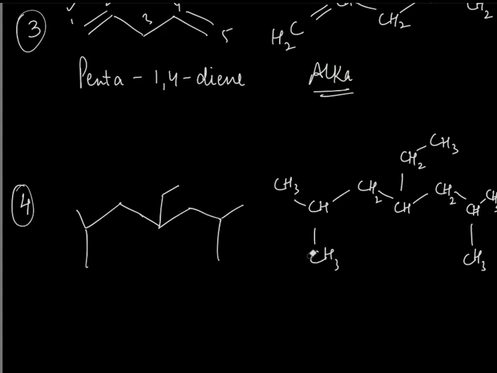So if I start from here, 1, 2, 3, 4. Now you can go up 5 and 6, but that's wrong because it will be a shorter chain. 5, 6, 7. So we have the long chain like this. You can go like this also if you want. Here, 1, 2, 3, 4, 5, 6, 7.